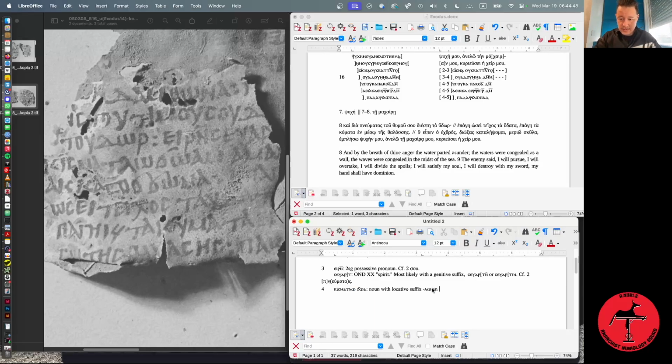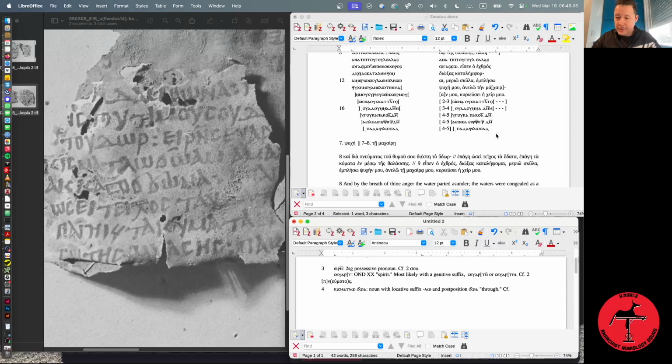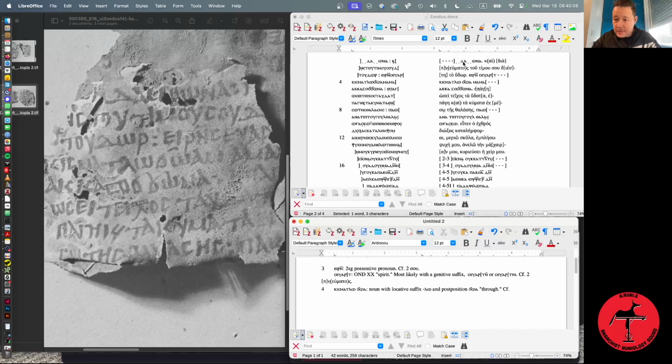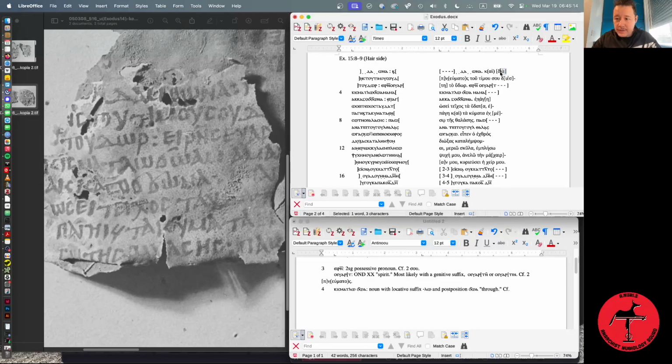Law and postposition. Jawa. Through, and this is again what we find in Greek here expressed with the dia in line 1.